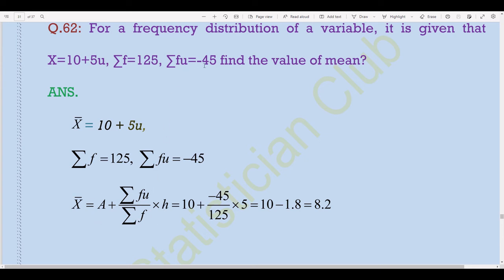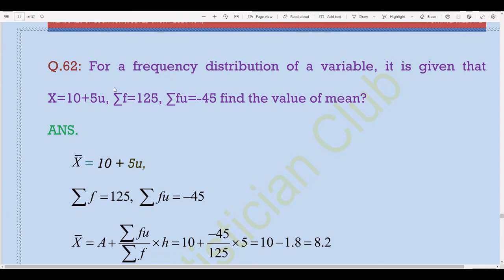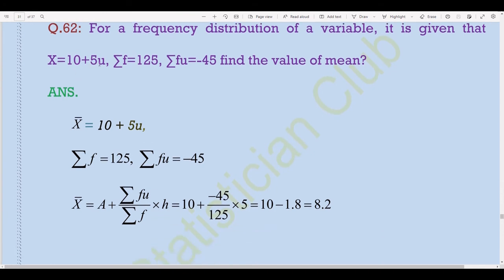Now search these things from the formula. Summation fu is equal to minus 45, given. Summation f is 5, given, and x is equal to 10 plus 5u. We calculate a and h. As you know, in general form, u is equal to x minus a over h. When we take this 10 to the other side, this is wrongly written x bar, this is simply x. x minus 10 is 5u, and u is equal to x minus 10 over 5.